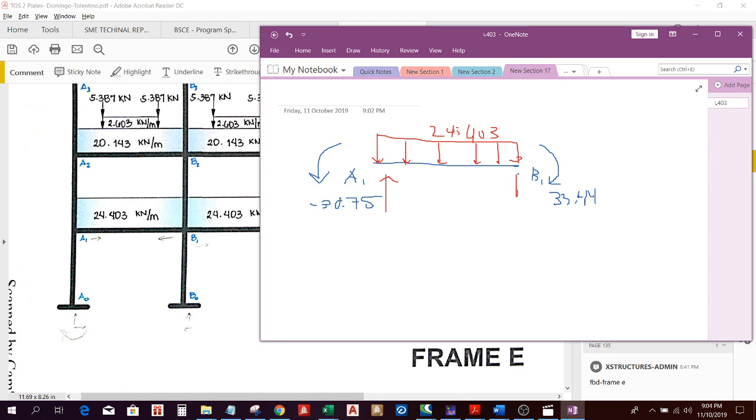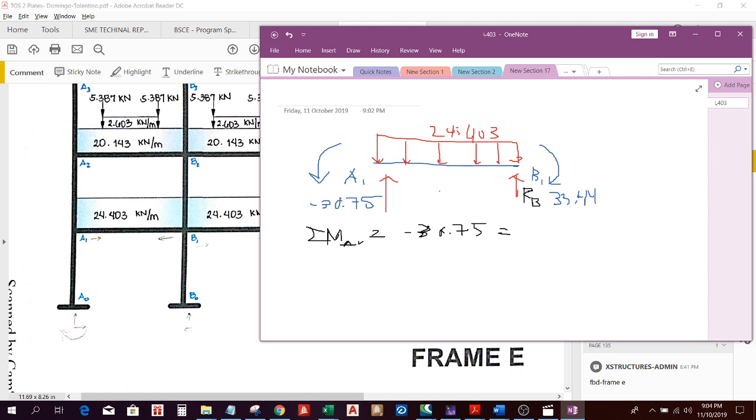forces. So let's see what's the direction. So let's say this is A1, B1. So summation moment at A1 is equal to, this one is negative 30.75. So in order to get RB, I'm getting the force at RB.